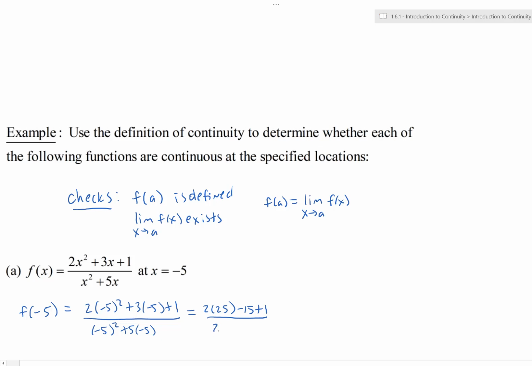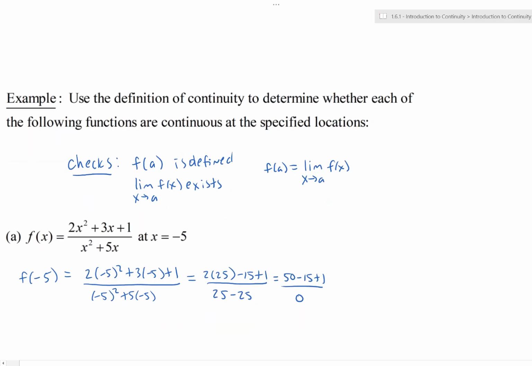But in the denominator, we have 25 minus 25. So what do we get? 50 minus 15 plus 1, over 0. This function is not even defined at -5. So f of -5 is undefined. And hence, what's our conclusion?